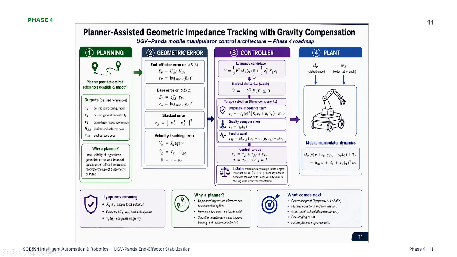Since the controller works locally, for this reason we need another layer. One of the approaches to solve this is to use a planner. So we can see this architecture contains two layers, a planner and a local controller.